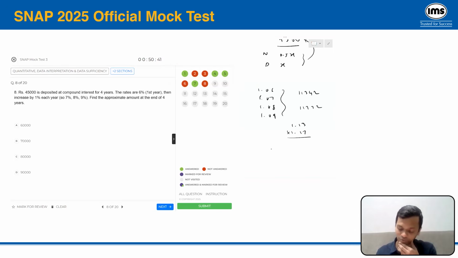1.13 into 1.17 is going to be 13 into 17. So this is 130. 13 into 17 is how much? 221. So this should be 1.32. So something like 1.32 times 45 is what I'll have to do.